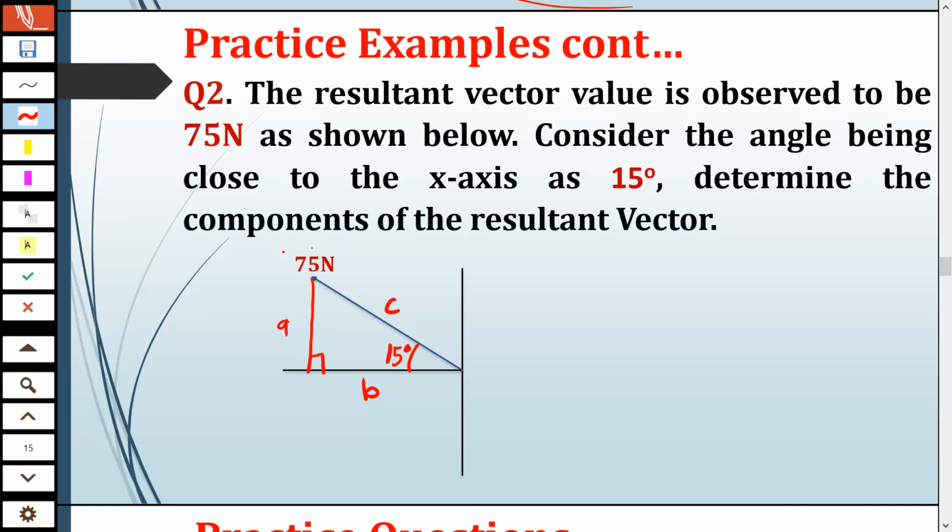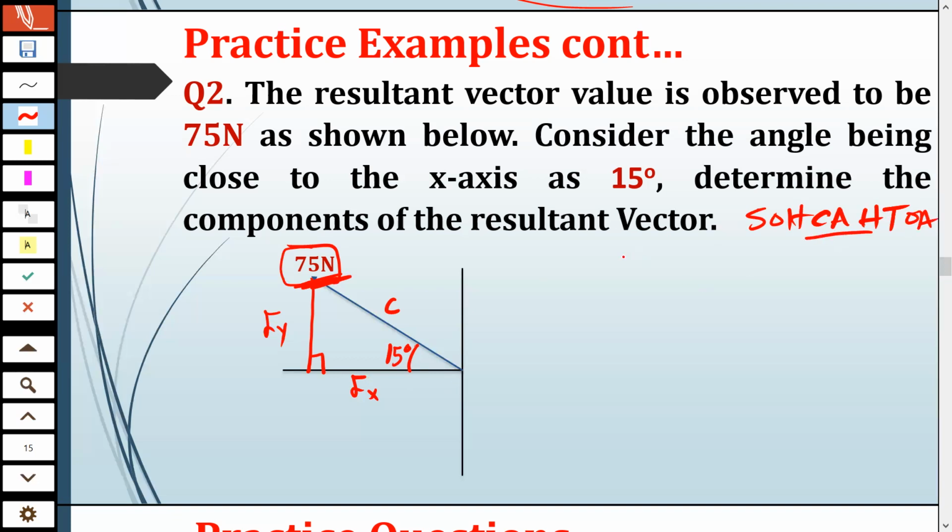So the hypotenuse has been given to be 75 newtons. So let us now quickly find the components A and B. So in the X, we have the force in the X there, and the force in the Y. Since the X is the one that is adjacent to the angle, from SOHCAHTOA we're going to use cos, because cos is the one that deals with the hypotenuse and the adjacent.